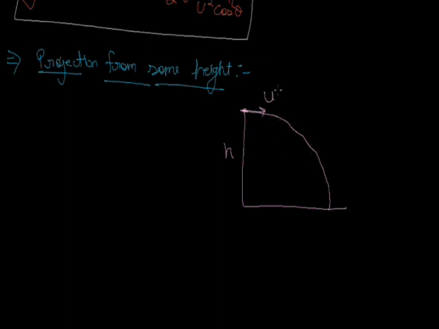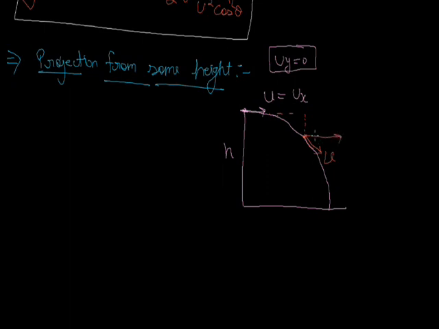Here u is equal to ux. We throw that object in the horizontal direction. That means its horizontal component is equal to u, and uy is equal to 0 because initially there is no vertical component. Okay, now at point P, or we can say at time t, we have to find its position and velocity.